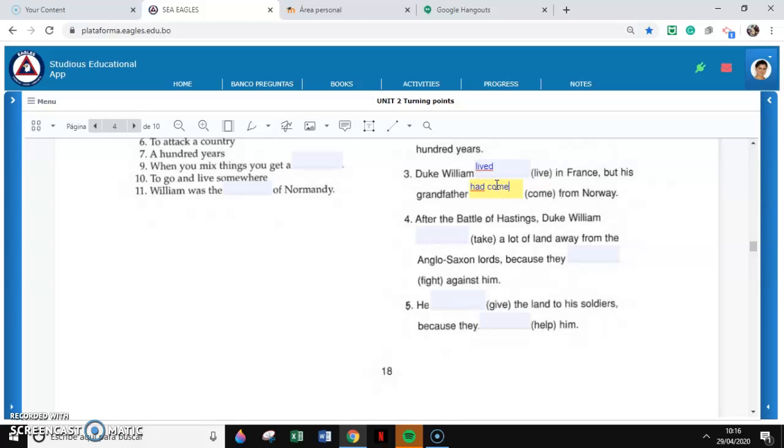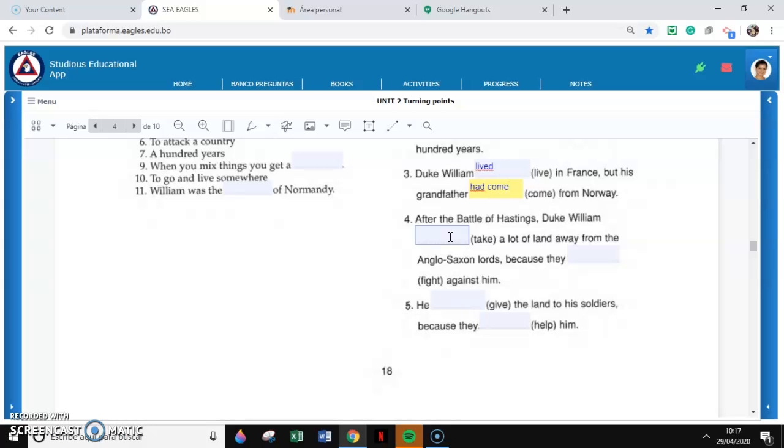Had come from Norway. So remember that come is an irregular verb that doesn't change when we change the forms into the past simple or past participle. Alright? So have a look at number four.